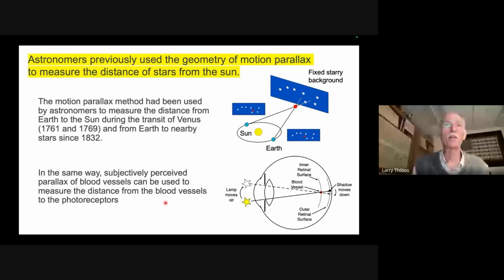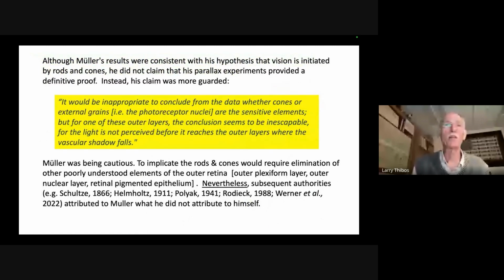But in the same way, Müller said, let's take that light, move the light, see how far these shadows move, and we'll calculate the distance between blood vessels and the shadows and where they're being detected. And it turned out to be about 0.2 of a millimeter. And he said, by golly, that's just about where the photoreceptors sit. So there's my proof. You see, that's his argument.